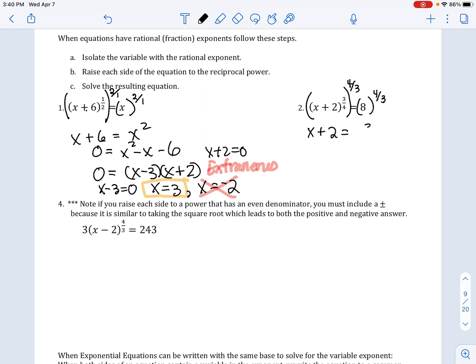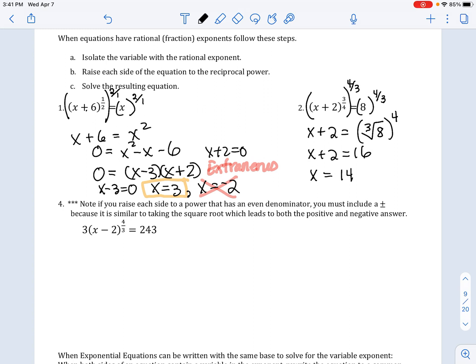So remember, the 3 in the denominator is the index. So the cube root of 8 raised to the 4th power. The cube root of 8 is 2. Raised to the 4th power, 2 times 2 times 2 times 2 is 16. So x plus 2 equals 16, x equals 14.